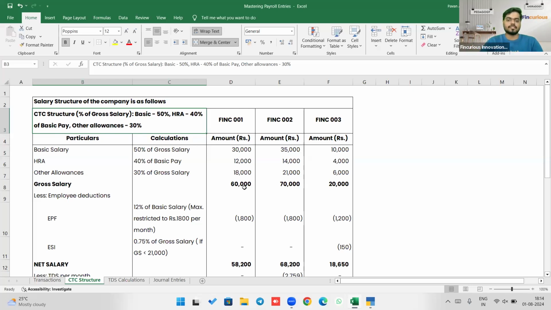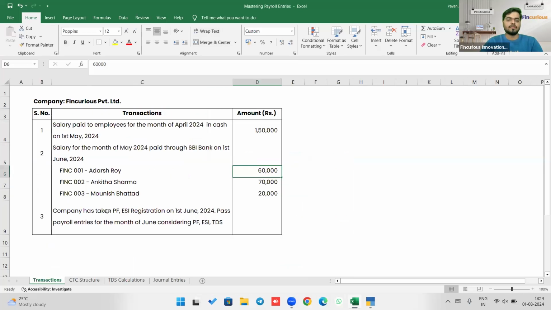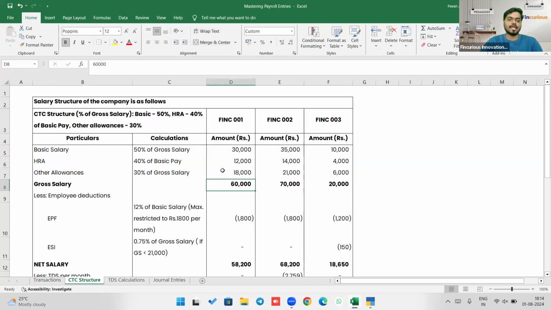So now for this FinC 001 ID employee, who is that? Adarsh Rai. For Adarsh Rai, we are going to calculate the basic, HRA and other allowances. So 60,000 is the gross salary. 50% of gross salary, 60,000 into 50% is 30,000. Then HRA is calculated at 40% of basic pay, so 30,000 into 40% is 12,000.